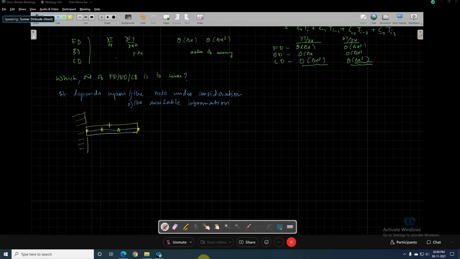Now this is a 1D problem we have considered, and we have divided this into number of nodes. This is the first node, second node, third node, and fourth node. And here there is a boundary condition. This is a boundary, BC2, and this is also BC, boundary condition 1.